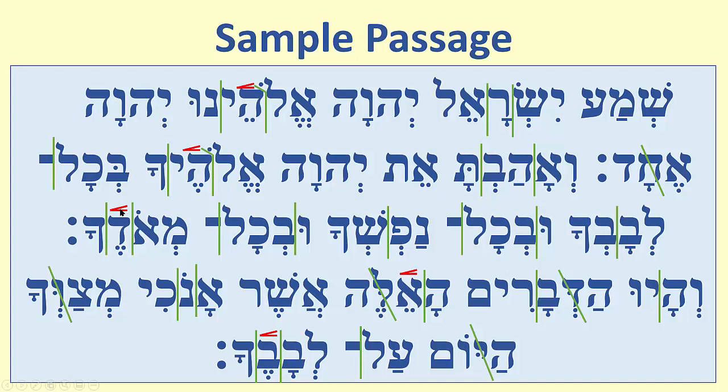The dalet has a short vowel in an open syllable. That breaks the rule of unaccented syllables, so therefore it must be accented, and it is. And then cha at the end, we've seen before, open syllable with a long vowel, and that's the end of another verse.